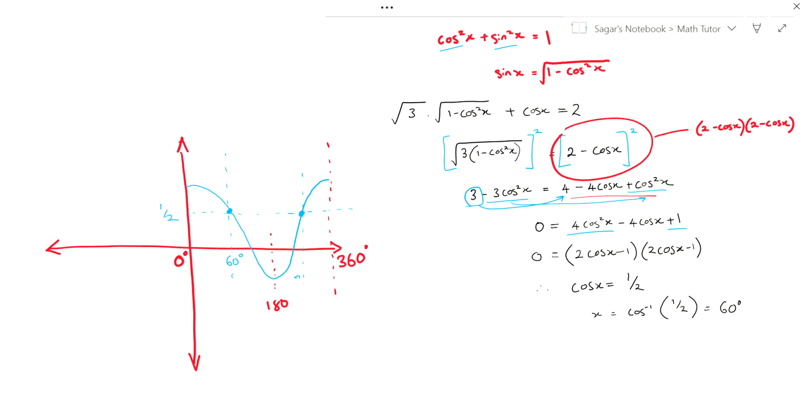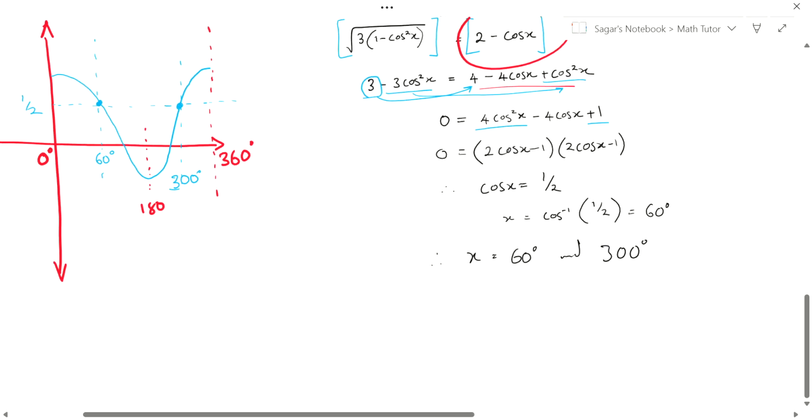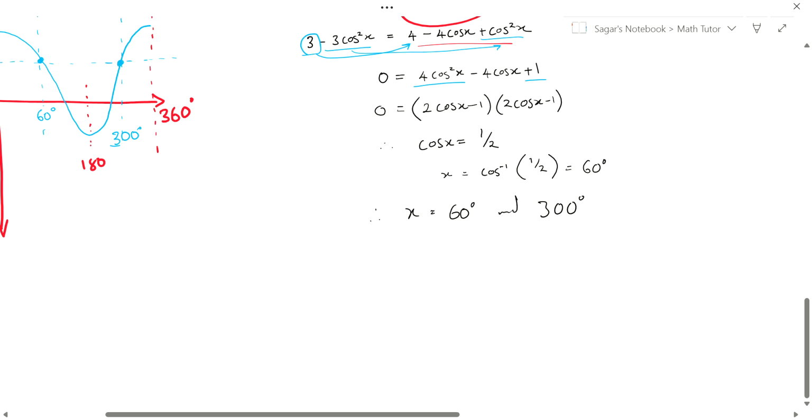Remember, this graph is symmetrical, so we take 360 minus 60 and we get 300 degrees. Therefore, x is equal to 60 and 300 degrees. Now the question does not end here.